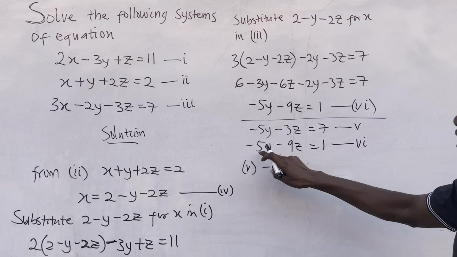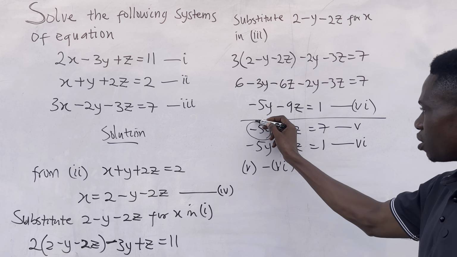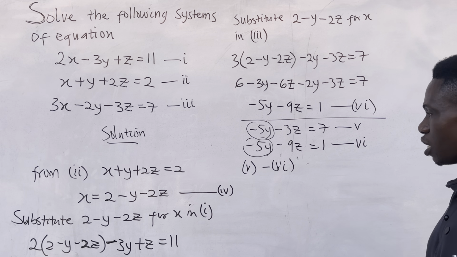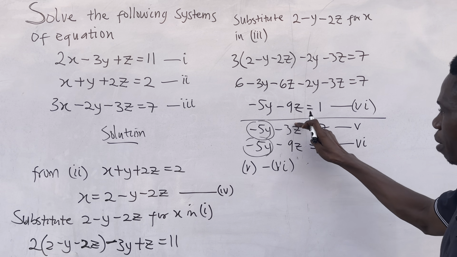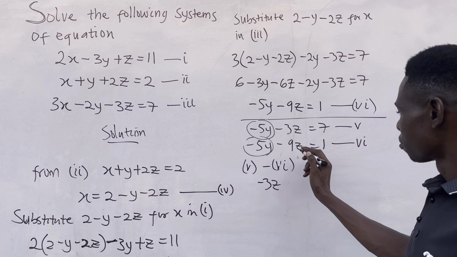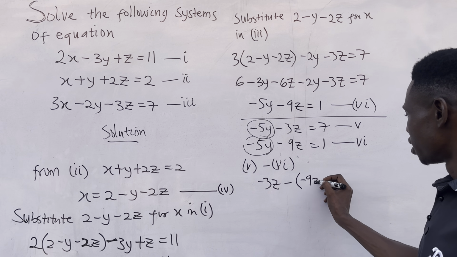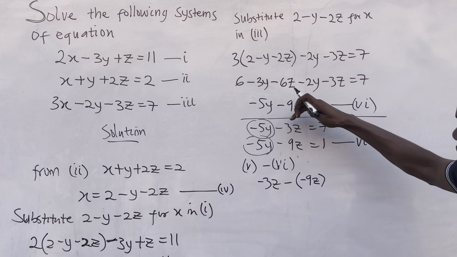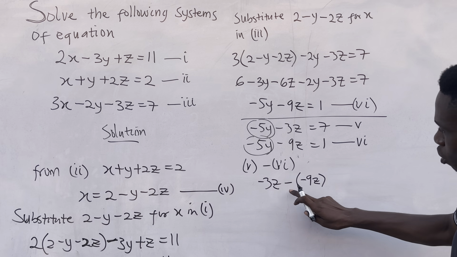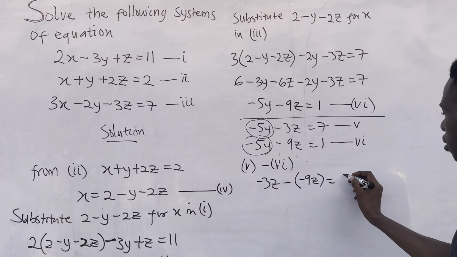So this minus this will give us 0, right? That's this number minus this will give us 0 because they're exactly the same. Now this minus this, so what we'll have is minus 3z minus this other one, which is minus 9z, right? So minus 3z minus 9z equal to 7 minus 1, 6.